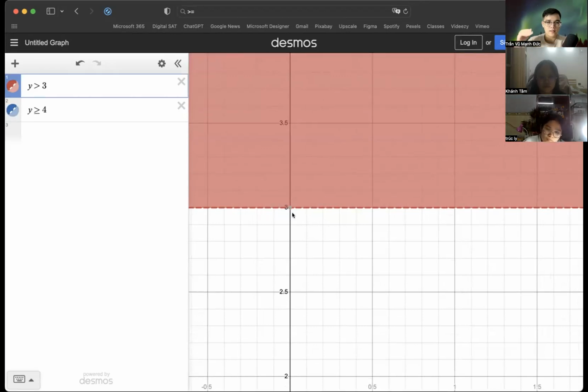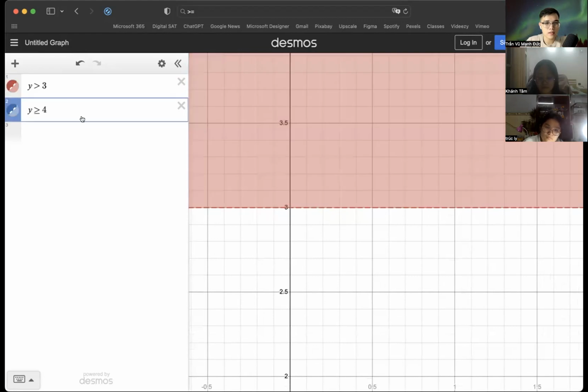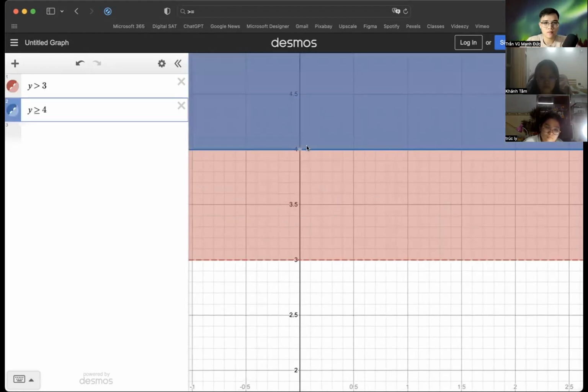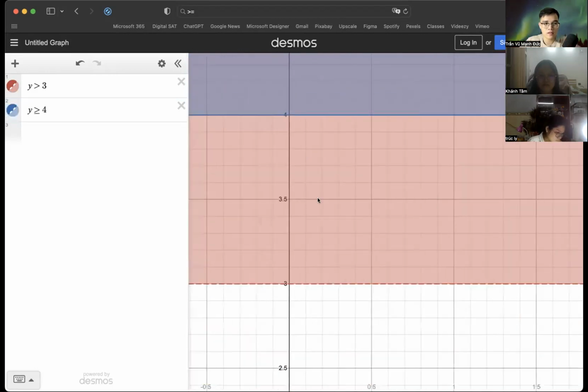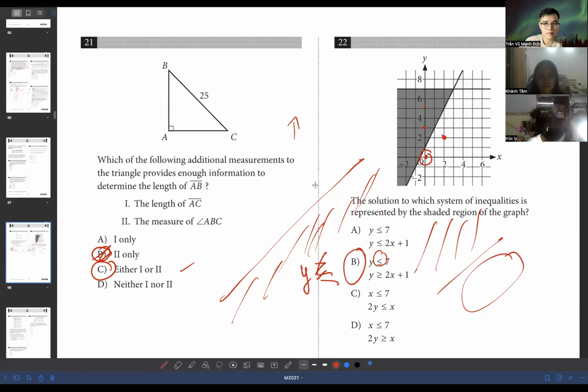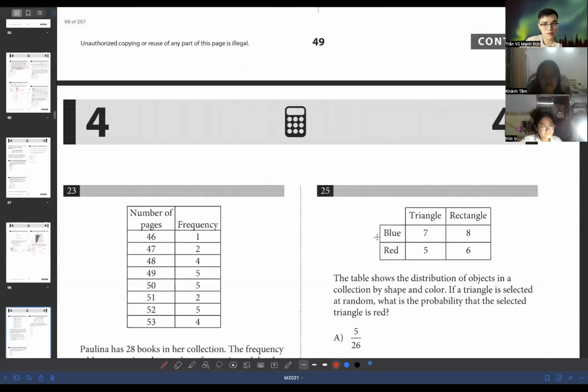But if it has dashes, it means that it is not equal, okay? And if it doesn't, it means it is equal. It's quite difficult to see, but if you guys can, just tell me, okay? I will walk through the Desmos app very quickly after we finish this, of course.